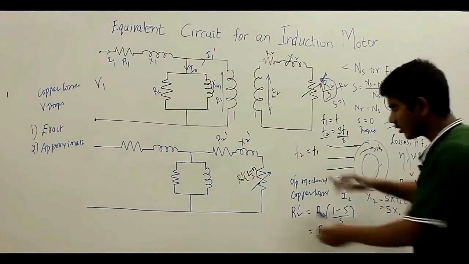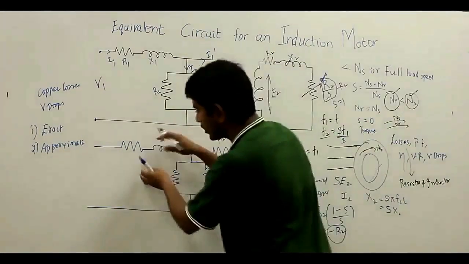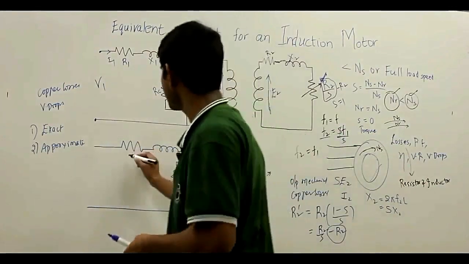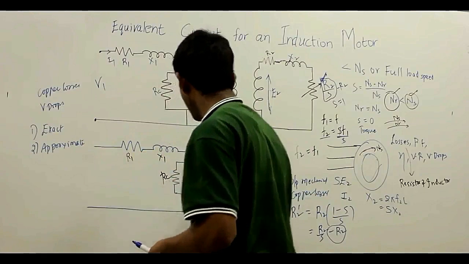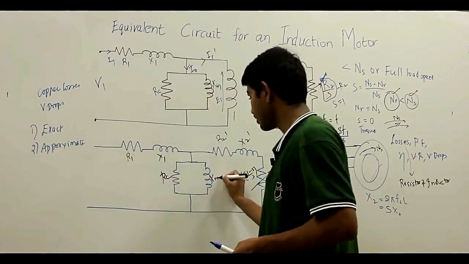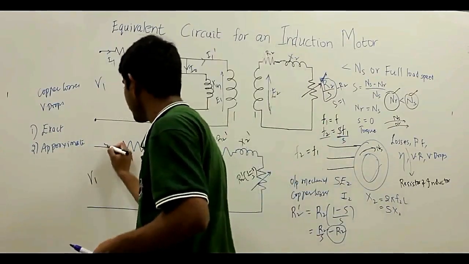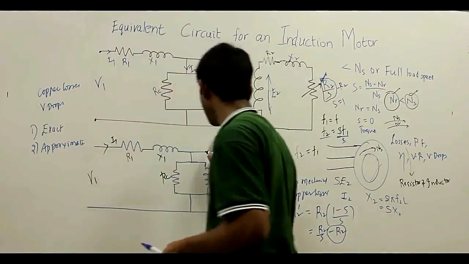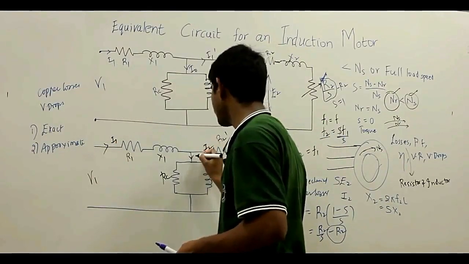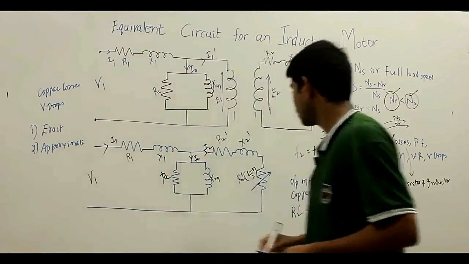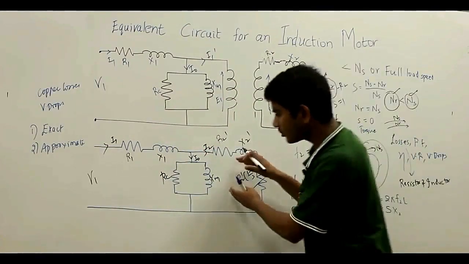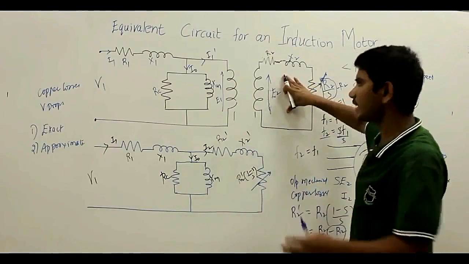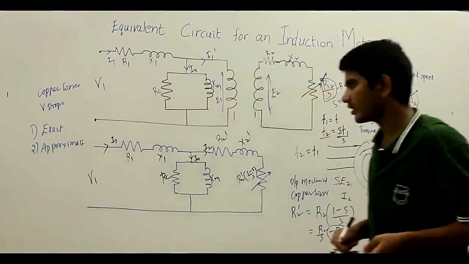So this is how you refer to the primary side. If I write the parameters here, this is my R1, this is X1, this is RC, and this is XM. Here the voltage is V1, the current I1, this is the current I2, and here is the no load current I0. This is how the circuit looks when the secondary side is referred to the primary side.